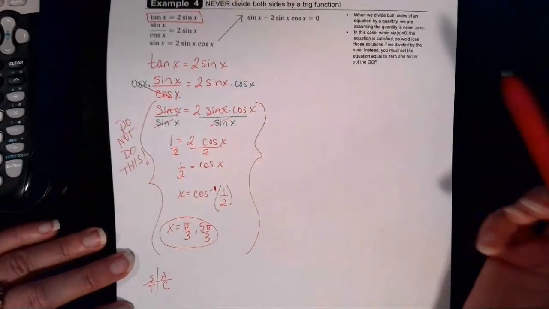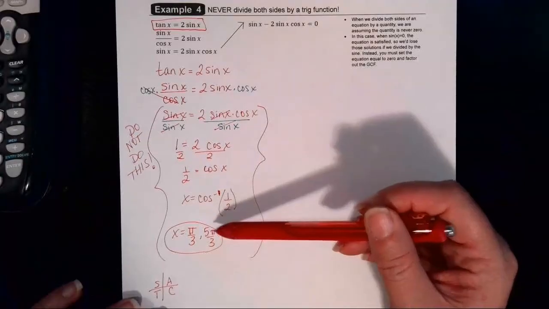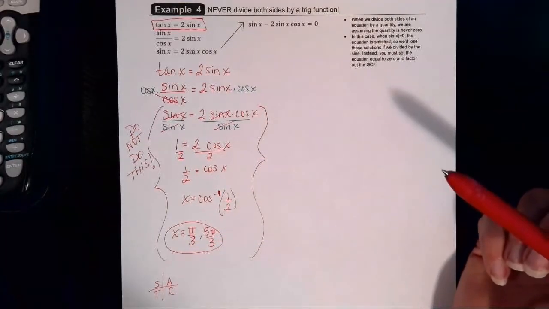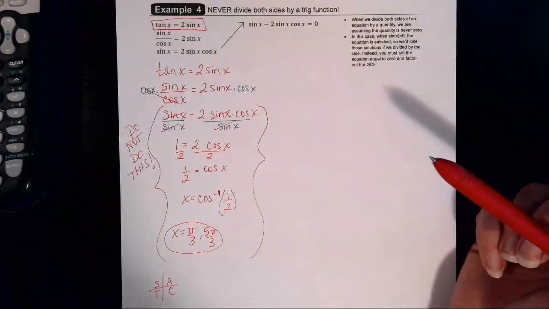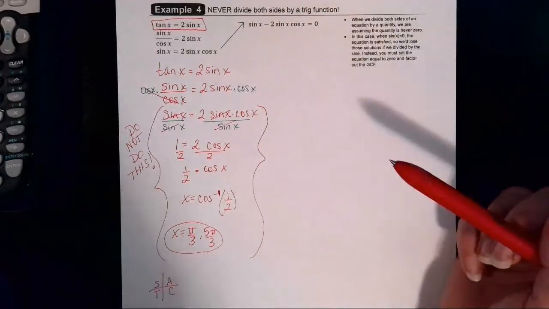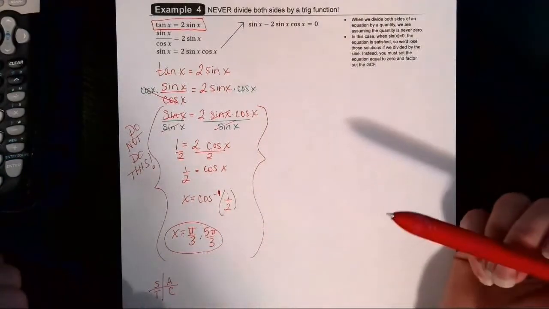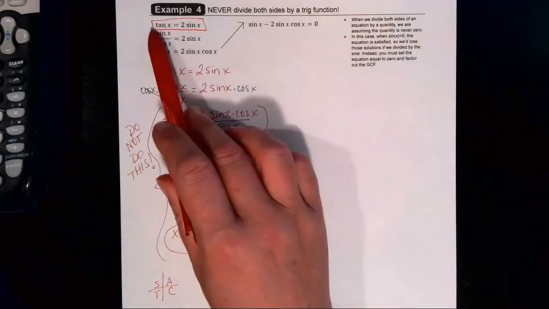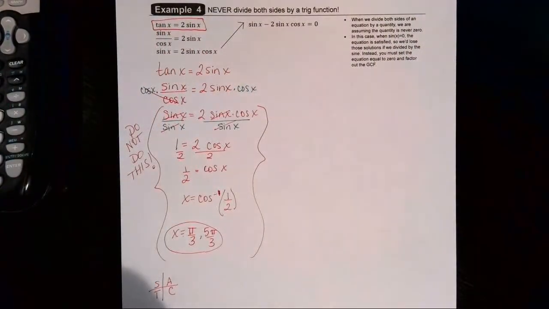And then the student would go in their calculator, check those two answers, and be shocked when their quiz would come back and they only got partial credit because they only found 2 of the 5 answers. And there are 5 answers to this equation, tangent of x equals 2 sine of x.